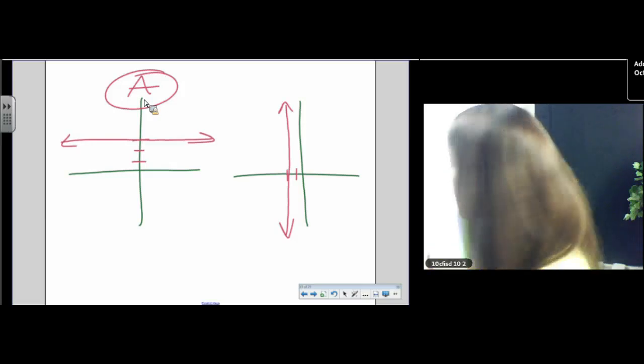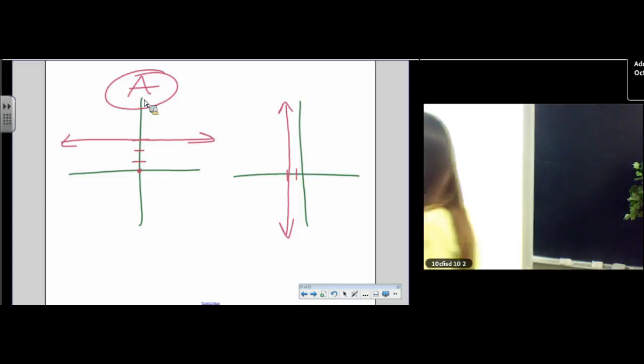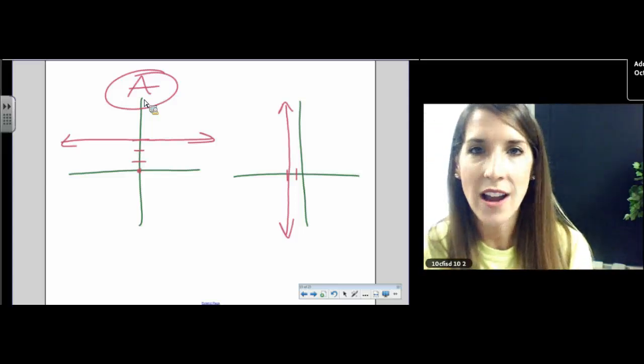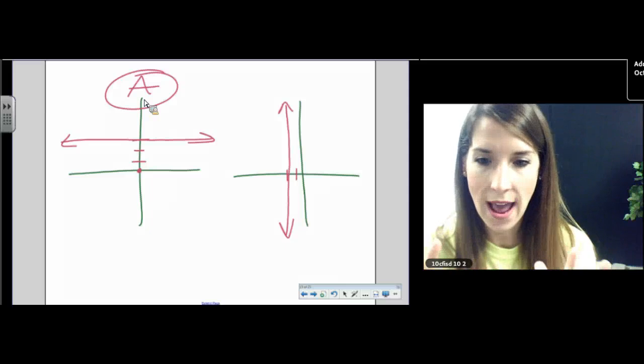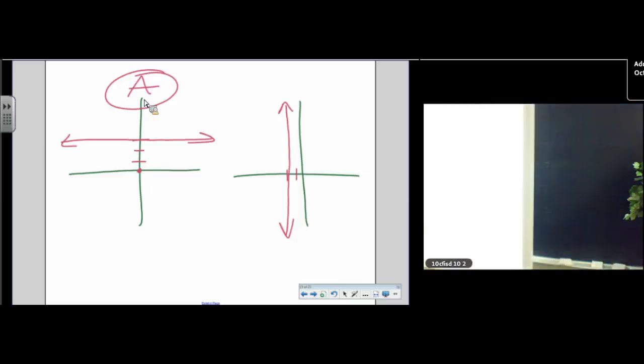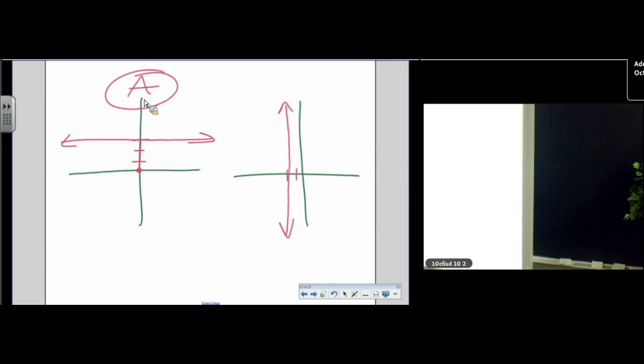If you start at 0, 0, what axis do you travel on to get to that line? Definitely the y-axis. So this is a y equals problem, and how far do you travel? 1, 2, 3. So this line is y equals 3.